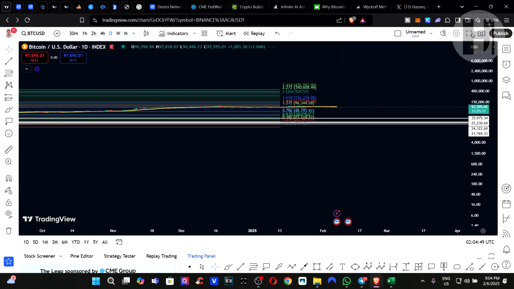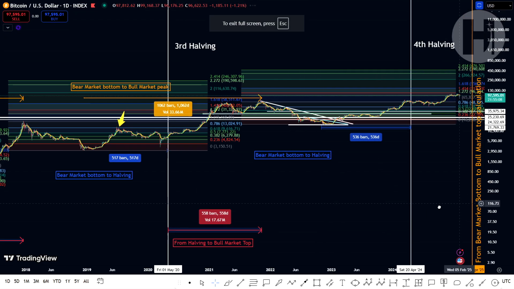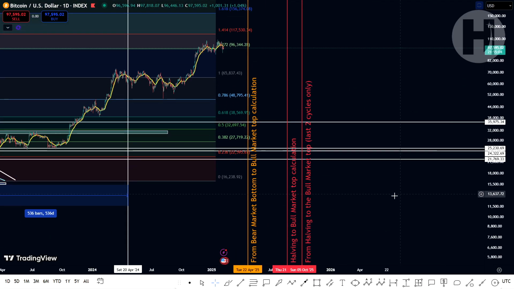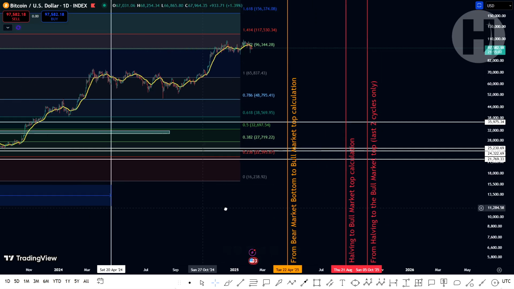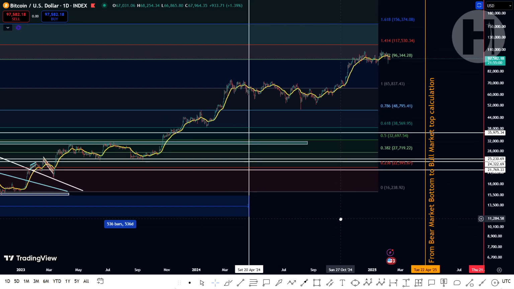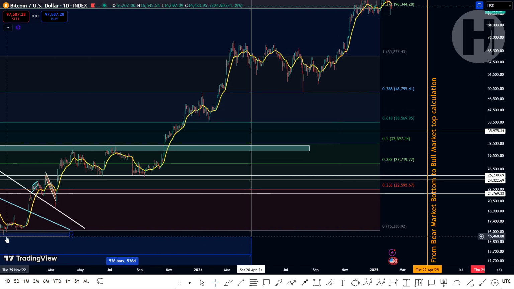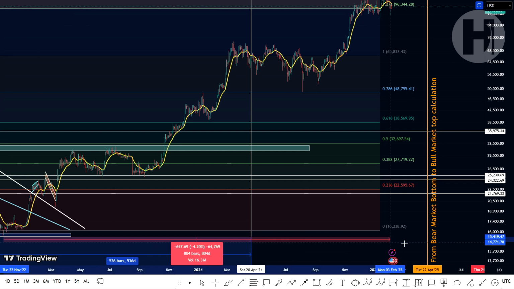Again, we go back to the daily chart. We go to the bear market bottom, which was November 22nd. We're going to zoom in just like that. Okay, so that's November 21st, 22nd, there we go.